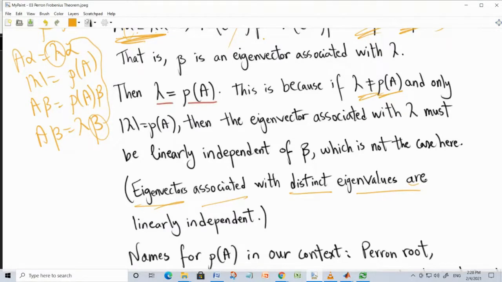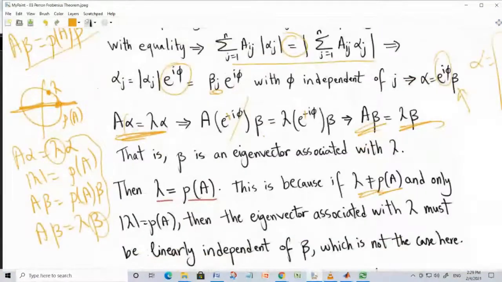So if lambda is different from rho of A, so it's equal to rho of A just in magnitude, but they are different as complex numbers, then it must be the case that alpha and beta are linearly independent, but they are not. Alpha is just e to the i phi multiplied by beta. It's just a constant multiplied by beta. So lambda is equal to rho of A. So any eigenvalue you start with a magnitude equal to rho of A is in fact equal to rho of A. So we establish our first result.